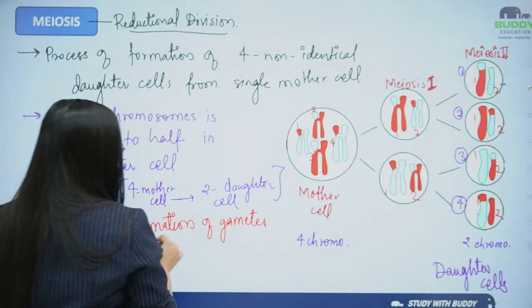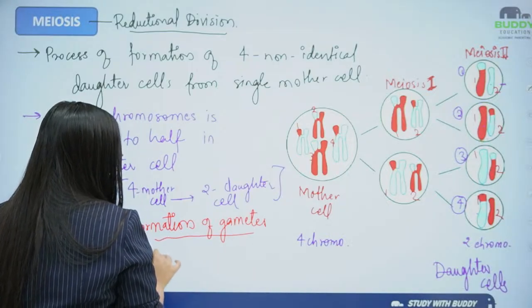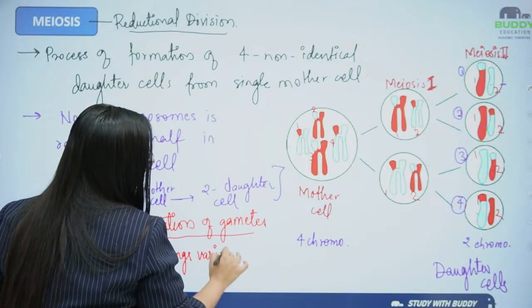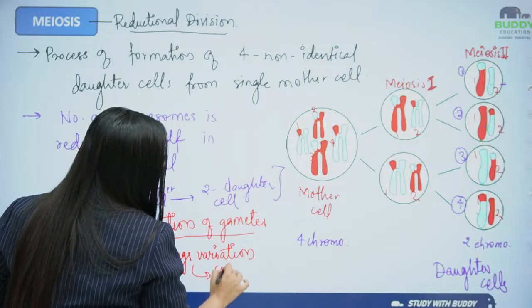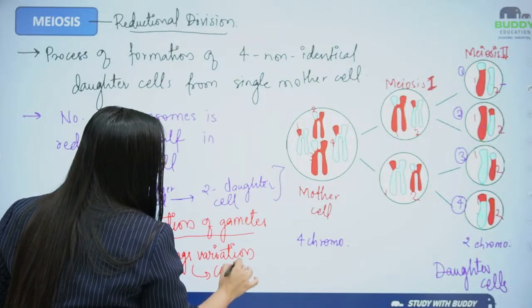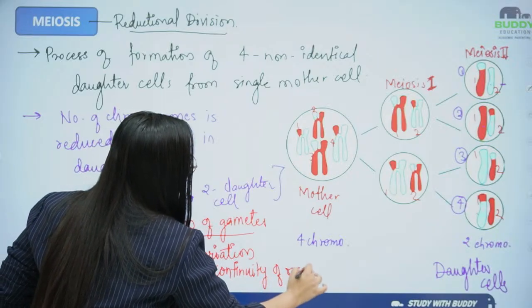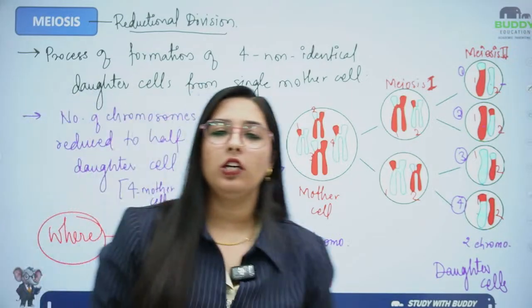So why in the formation of gametes? Because it brings variation. And why is this variation important? Because of the continuity of species, for maintaining the continuity of species. This is the reason we need meiosis, or the meiotic division.